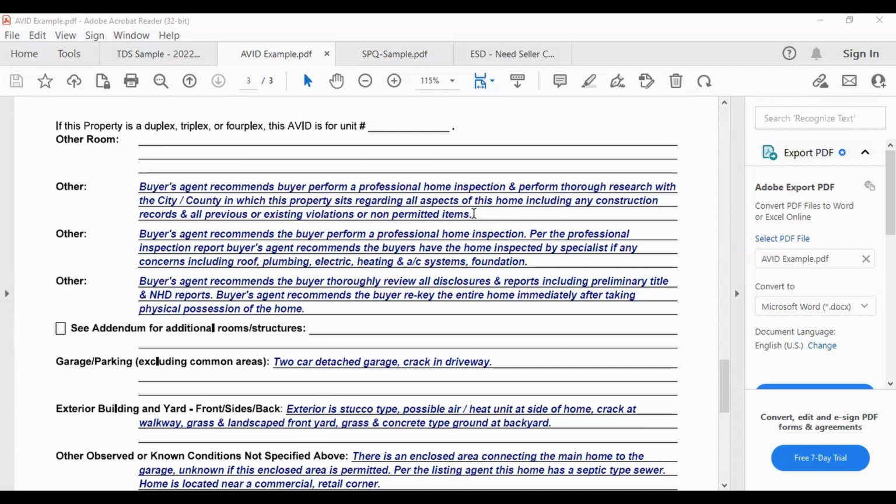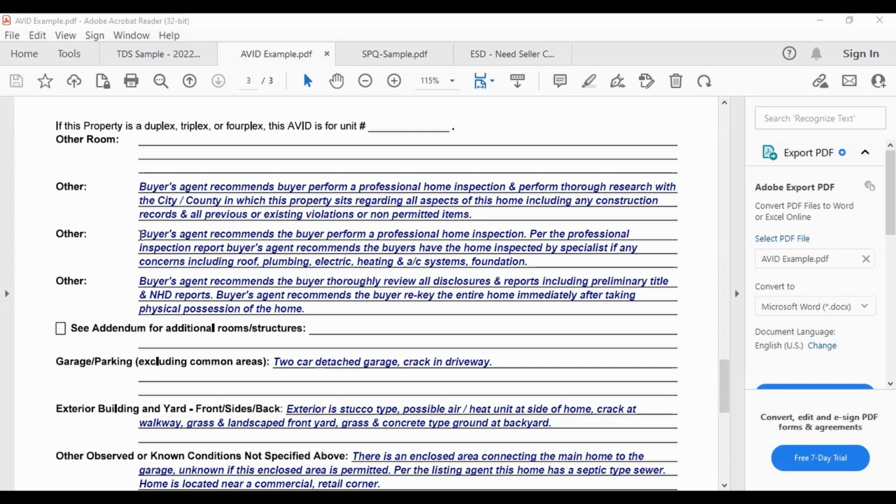I do it in writing. I have this, of course, in my AVID. I will send them in my disclosures. When I send them the disclosures that the seller sends to me and I'm sending them my AVID, I also put there again in writing, please go to the city, do your due diligence, check into everything, look into the schools, look into anything you want to look into about this neighborhood, about the city, about the zoning, about everything.